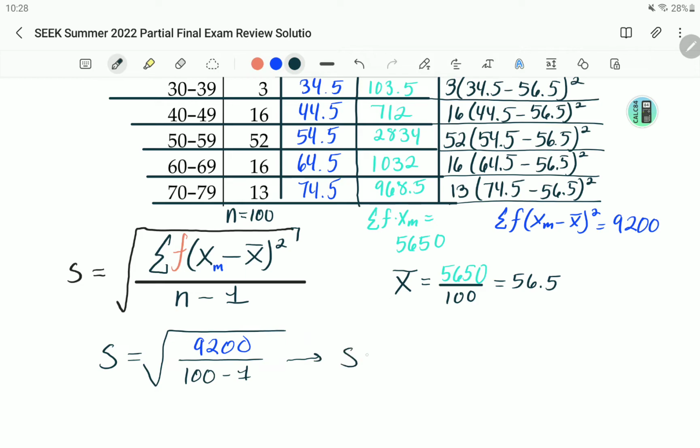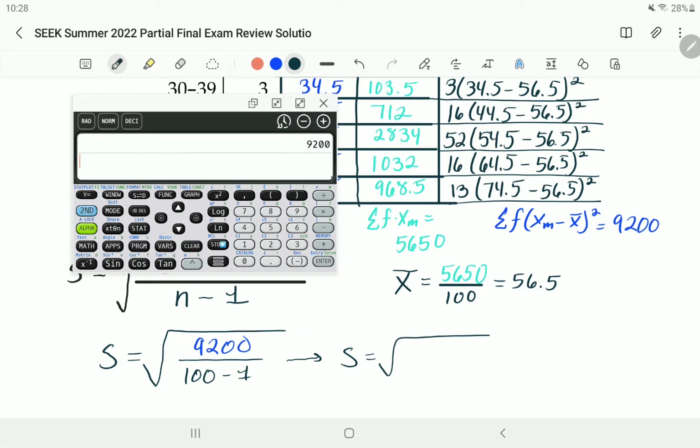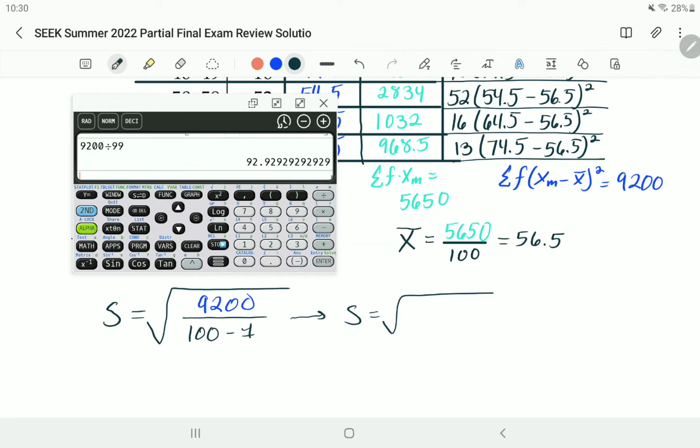So S is going to be equal to the square root of 9,200 divided by 99. Let's take one number after the decimal exactly. 92.9. And now we're going to apply the square root of 92.9.